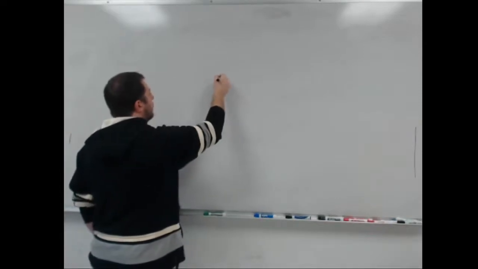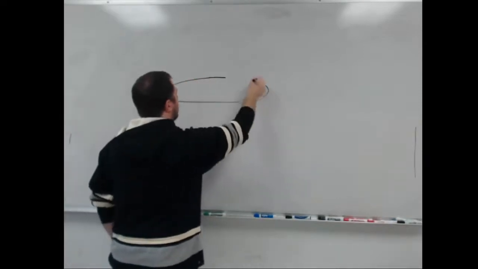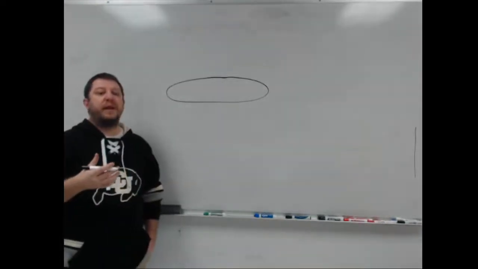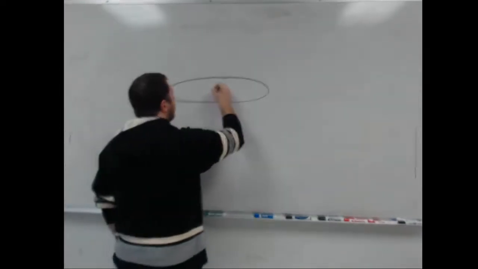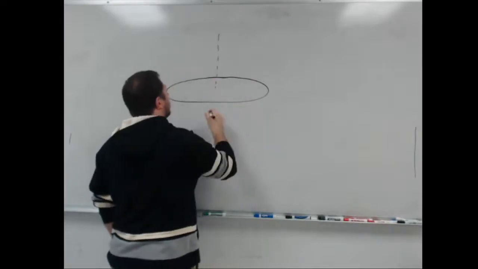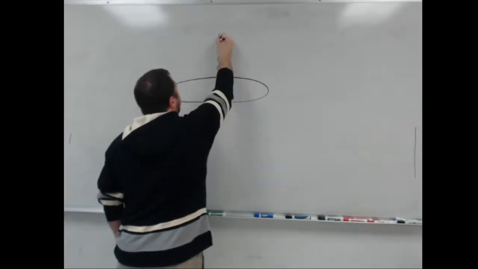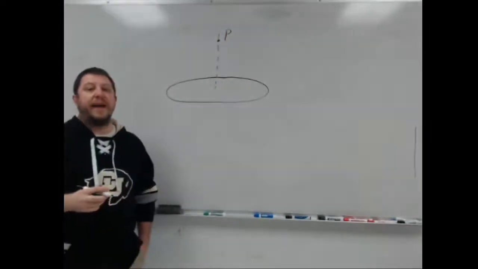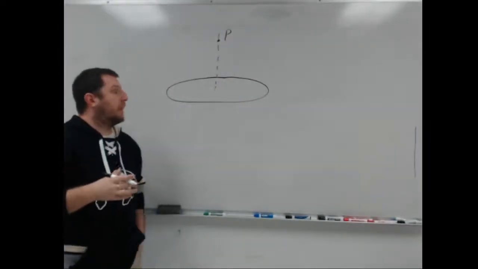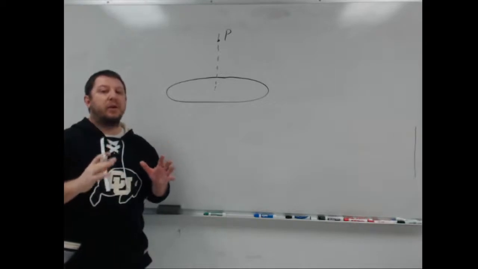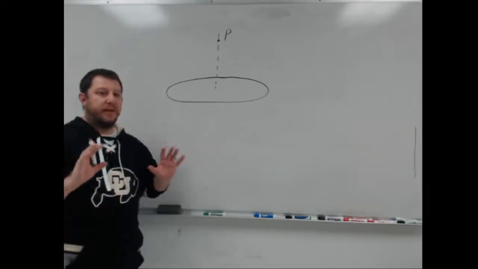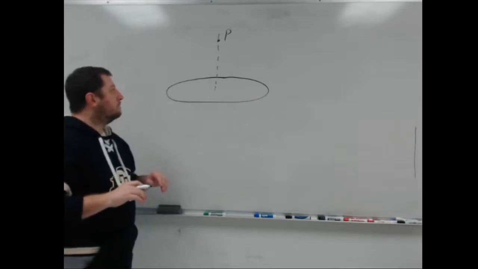So if I have a uniform ring of charge and I want to calculate the potential at some point above the central axis of the ring. Now again, we're going to stay along the axis. When you go off axis, things get very messy very quickly.